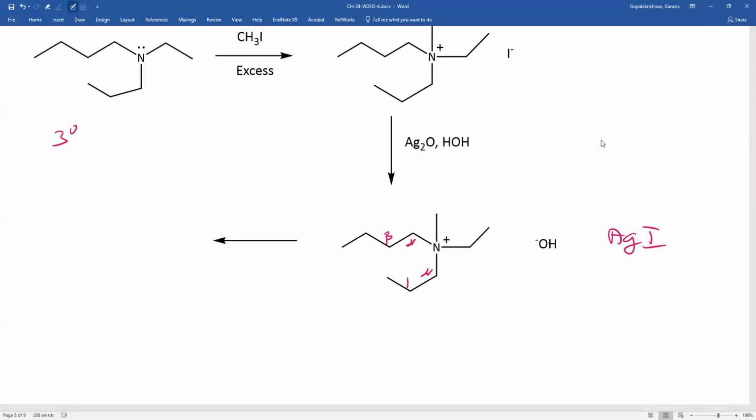This is alpha, this is beta, alpha, beta. Which one contains the less hindered beta carbon? This one. So I'll put it here. So this goes here and flips the bond and flips this bond. Because this has an alkyl group, this has an ethyl group on the beta, they are crowded.